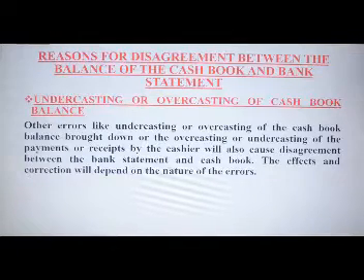By mistake, the balance of the cash book was totaled wrongly, and the wrong total was lesser than the original total. That's an undercasting. When we have overcasting, it means it was totaled wrongly, or a transaction was entered wrongly, and the amount of that transaction is higher than it's supposed to be. This error also affects the balance of the cash book.